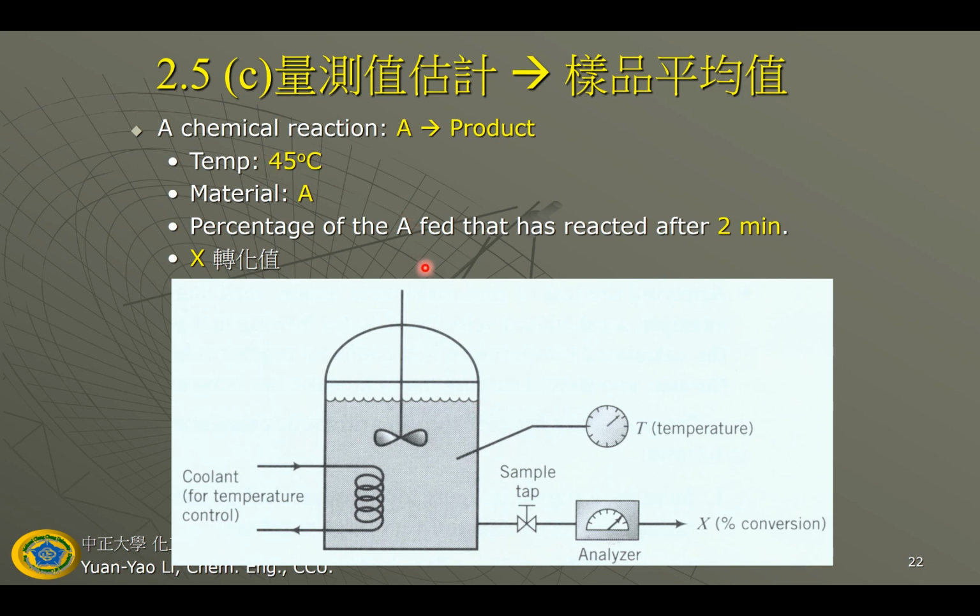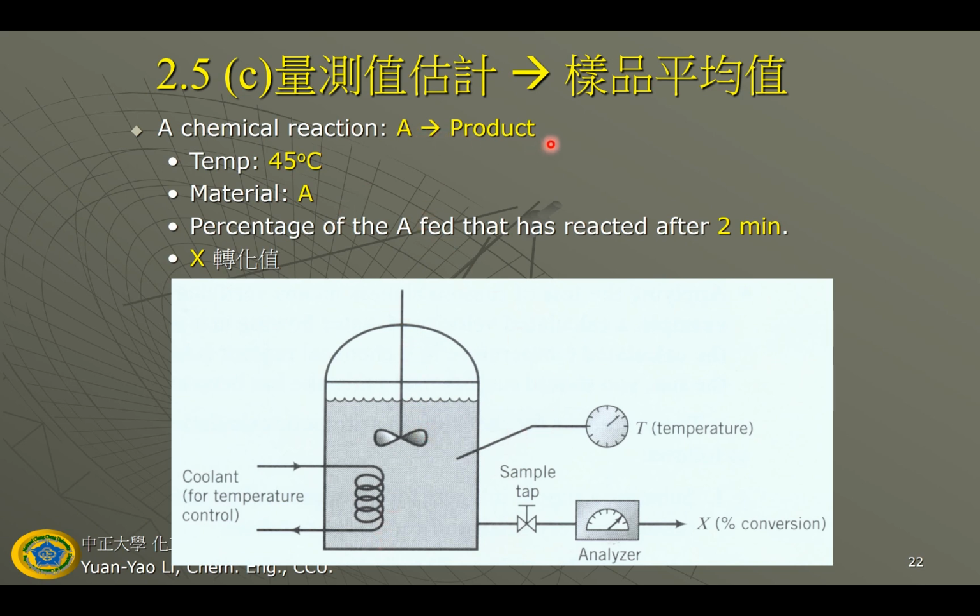This is a kind of example. If you have a chemical A, you put it into this tank, and chemical A at 45 Celsius will convert to, for example, a product.